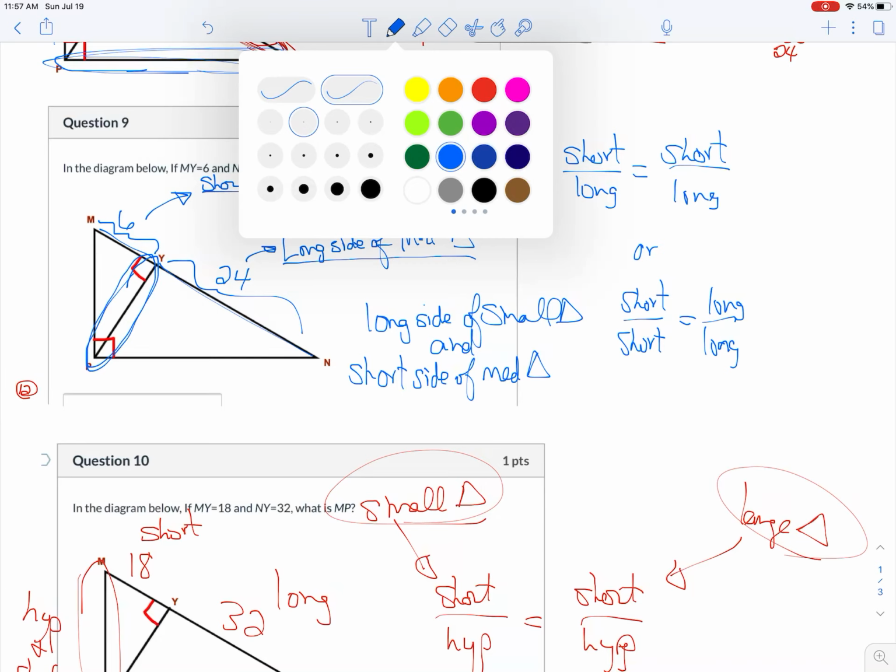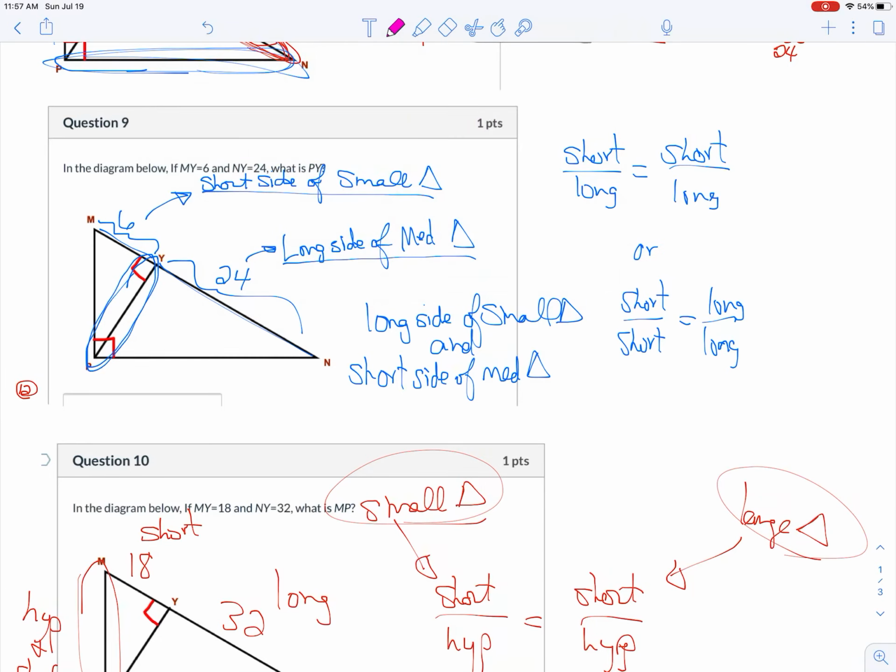So, saying a lot there, here's what I mean. Short is to long as short is to long. 6 is to 24 as, short is to long, so 6 is to YP as YP is to 24.